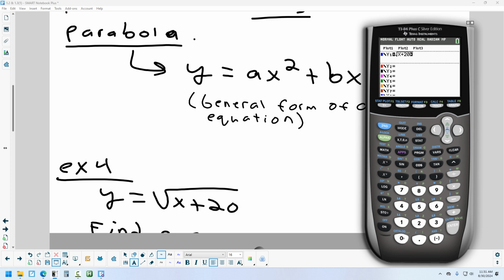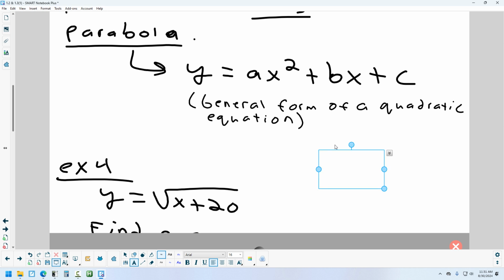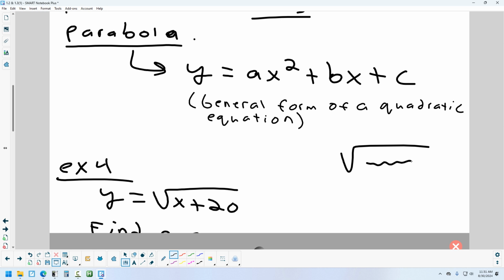Now, we learned about different kinds of numbers, and I said for now, we're sticking with the real number system. So when you have a square root, forget about anything like x plus 20, just any square root. Whatever you put underneath it, if we're dealing with real numbers, has to be what kind of number?